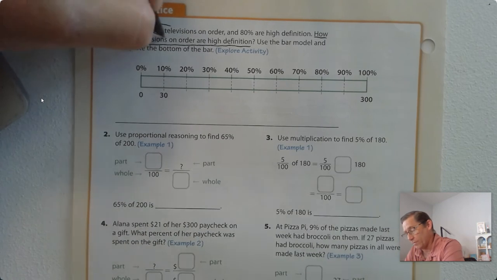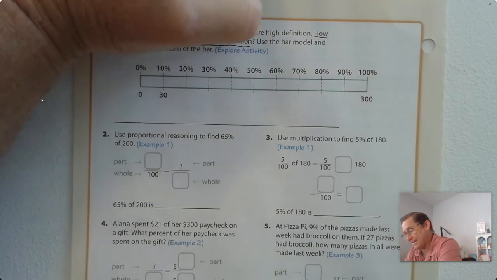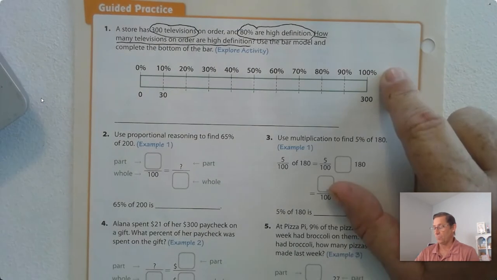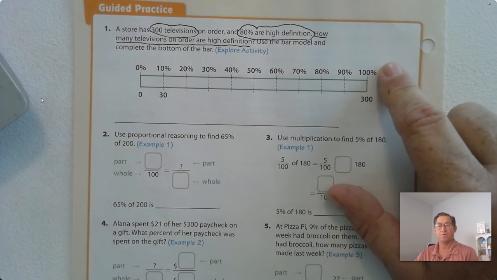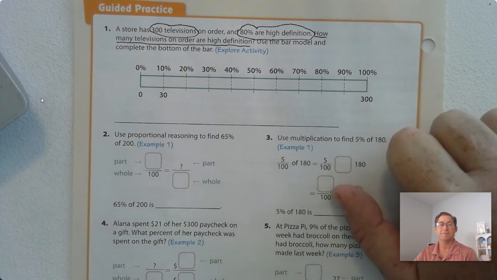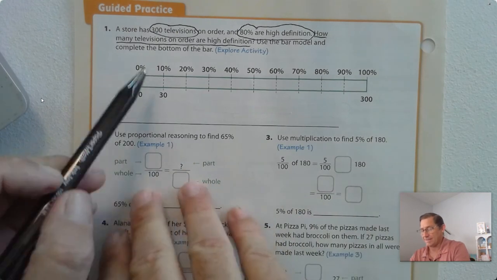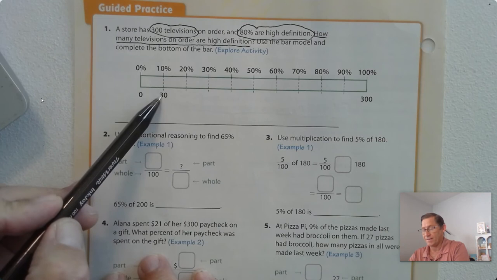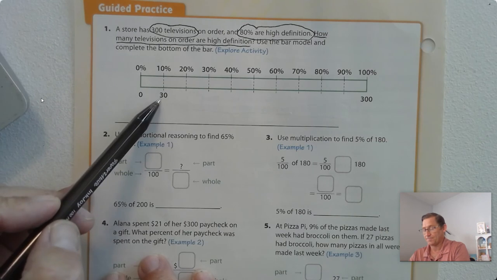Well, we know they have a total of 300, and 80% are high definition. So 100% of the televisions on order is 300. They order 300 televisions. So when all 300 come in, that's 100%. And they're telling us that 10% of the shipment will be 30.